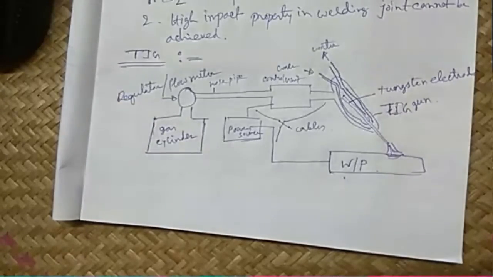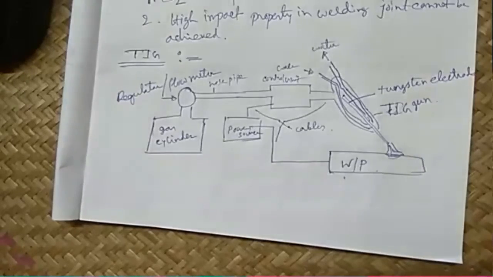First we take the electrode, then we bring the electrode near, 2 to 3 mm from the job, and because of the high frequency current the arc starts. The air path gets ionized and the arc becomes stable. Now if there is no gas flow, then the arc will not form because the air will not be ionized. So first you need to turn on the gas.